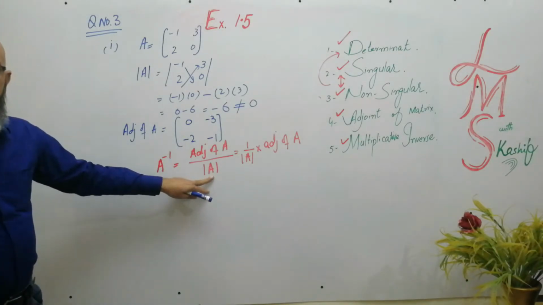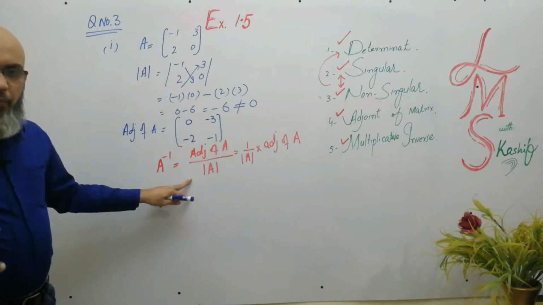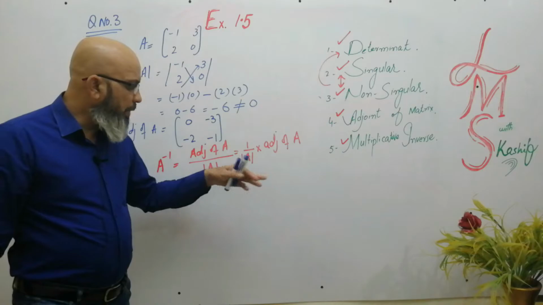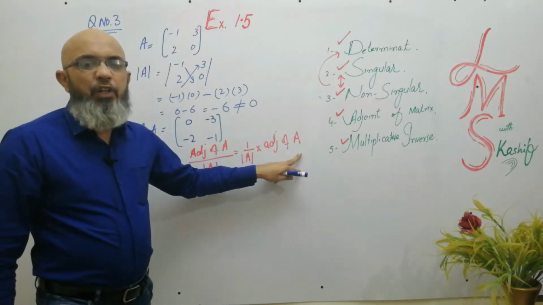Determinant is always written in the denominator, but students got confused, so I always prefer to use this formula, 1 over determinant of A multiplied by adjoint of A.